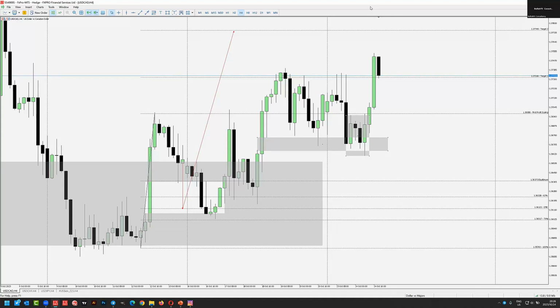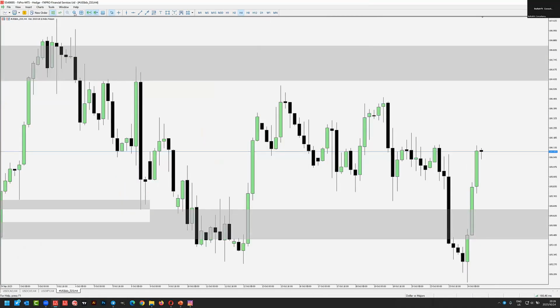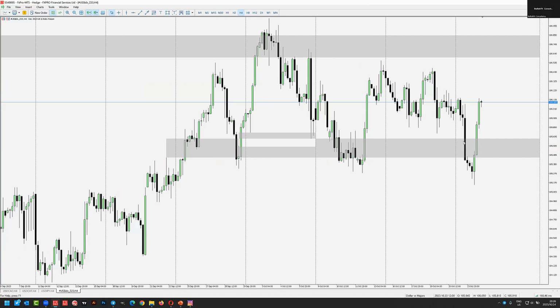Now, if you look at dollar index, let's go to H4, dollar index. I'm going to zoom in and then Control Y. This is dollar index on H4, right? This is last week's price action, from October 16 up until now. Everything up here is last week's price action.